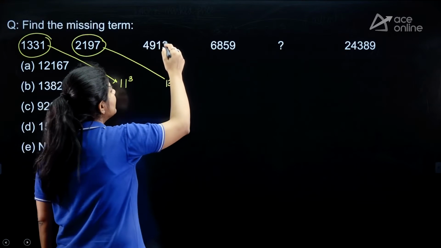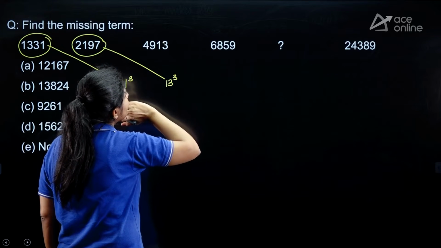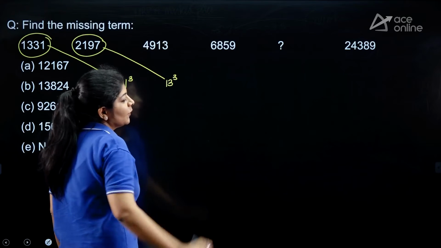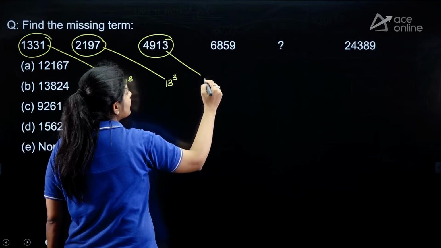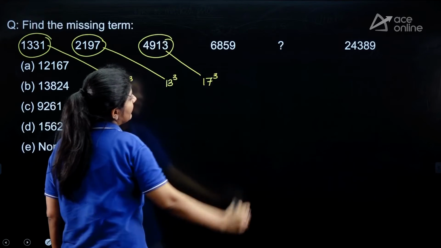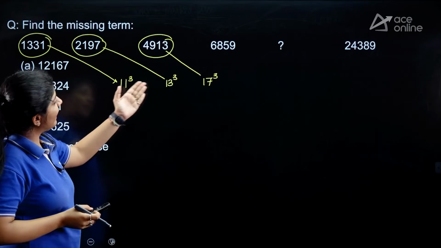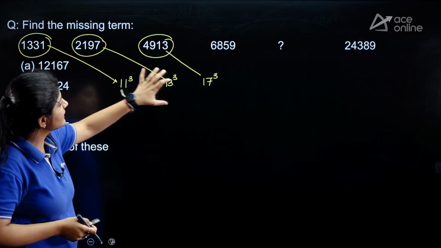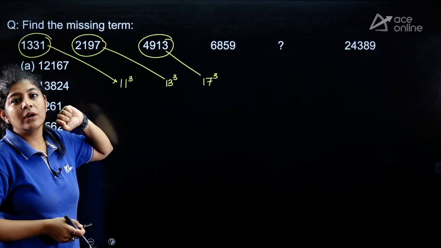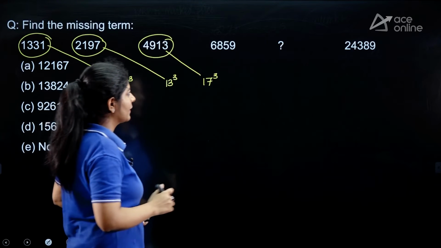But now if I see this one, we have 4913, which is the cube of 17. So we are not having the cubes of odd numbers. Apart from that, these numbers are the prime numbers, okay?